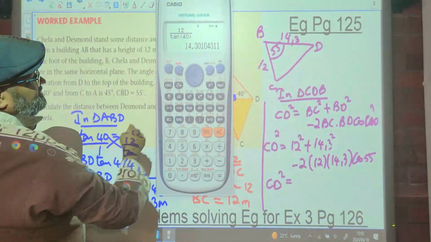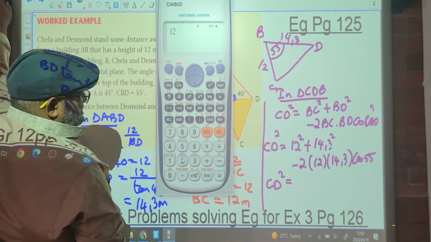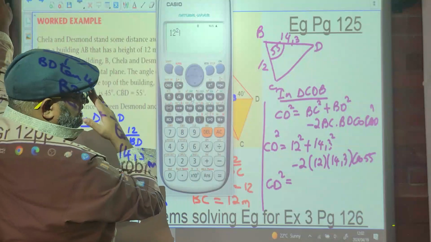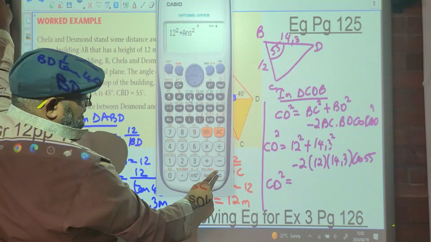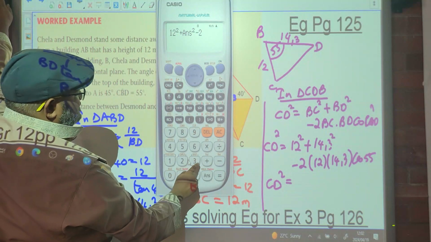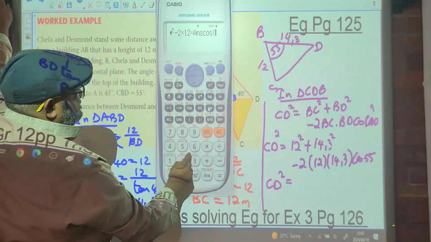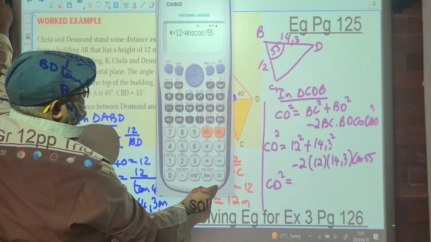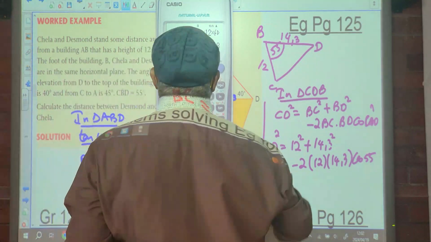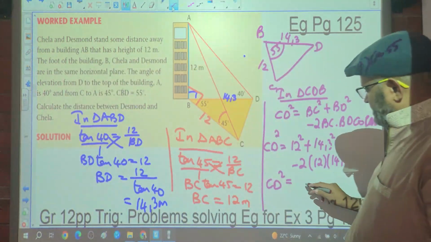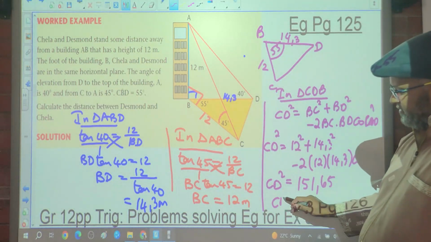So 14.3 was the last value we calculated, the answer calculated. So it's 12 squared plus answer squared minus 2 times 12 times answer cos of 55. That gives an answer of 151.65. But you must take the square root there, not so.